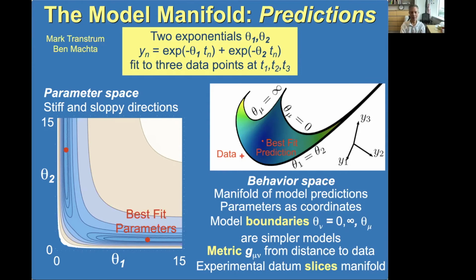Final statement, I'll very briefly say, if I take an experimental measurement, say at time t2, it will slice this model manifold. The things that are consistent with the data now lie in a lower dimensional manifold, and that lower dimensional manifold will be of interest in a later discussion.